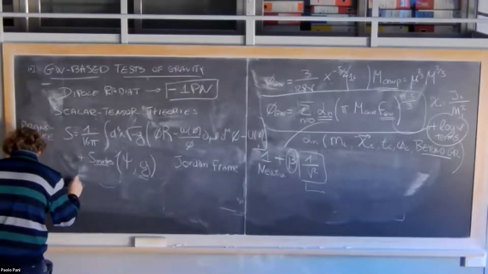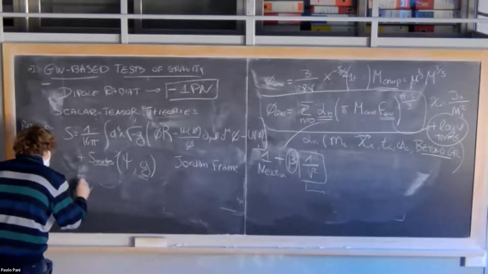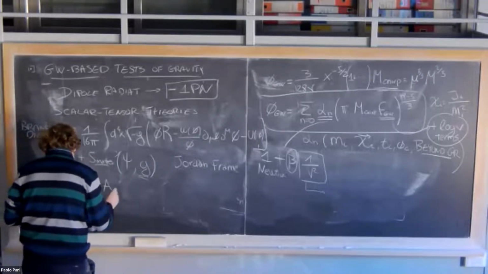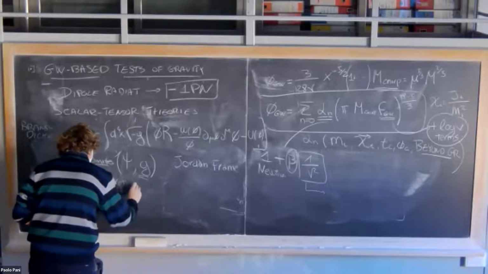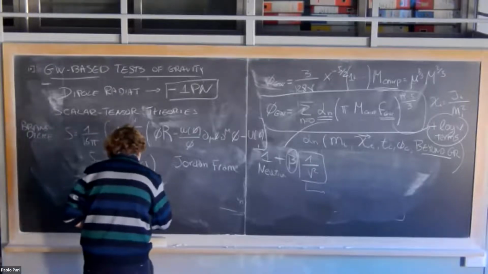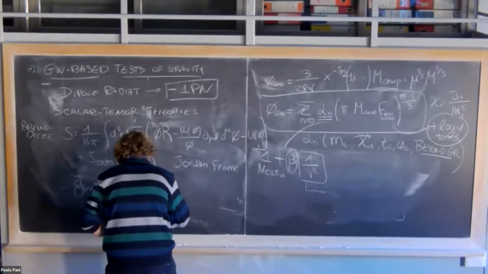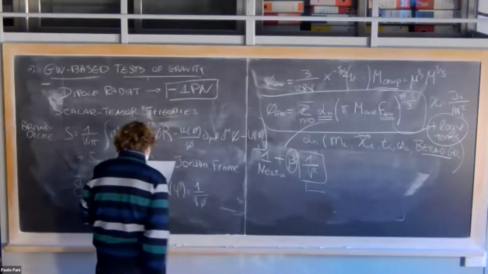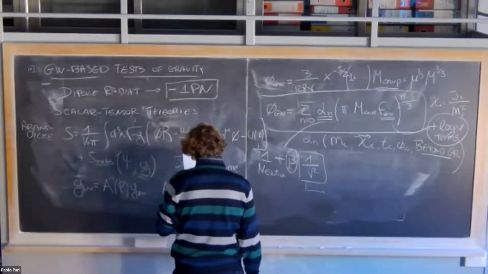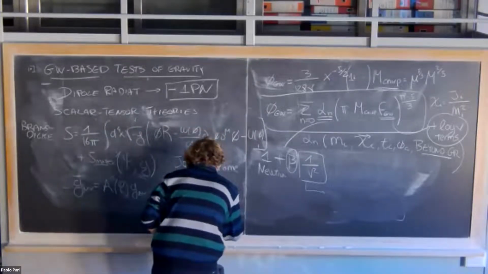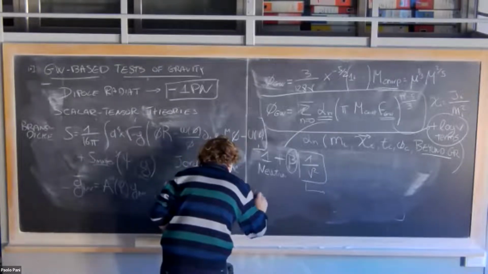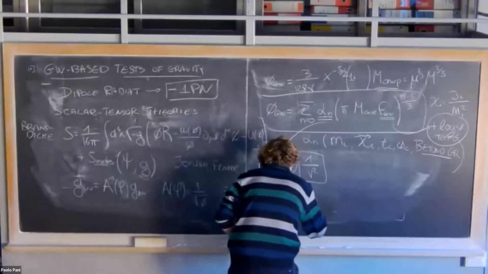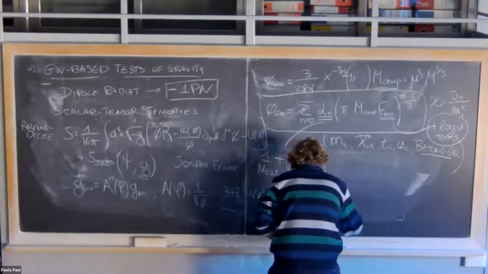If you write a new metric, G bar mu nu, equal to A to the minus 2 of phi times G mu nu, and then you write A of phi equal to 1 over square root of phi, and we introduce 3 plus 2 omega of phi equal to 1 over alpha squared, where alpha is the log derivative of A with respect to phi.